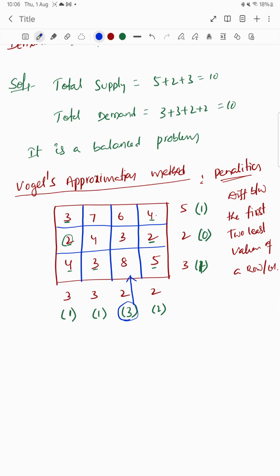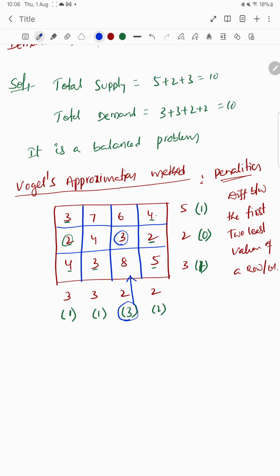Coming to the third step. Now in this identified column, we have to take the least element. What is the least element? 6, 3, 8. Out of 6, 3, 8, the least is 3. For this least element 3, we have to go for allocation. Then how to do allocation, sir? It's very simple.